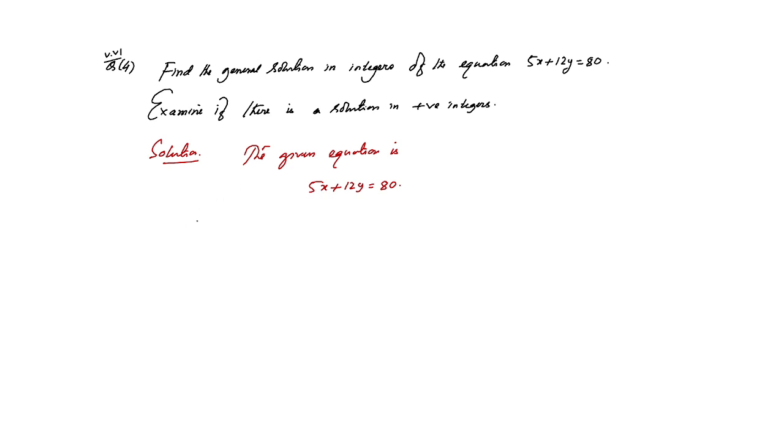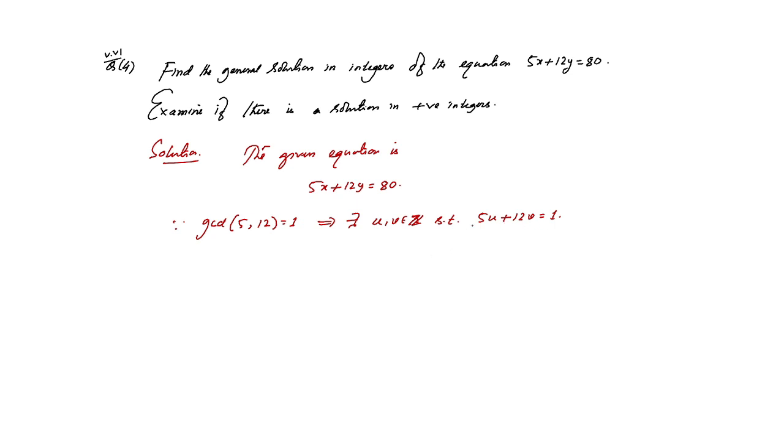Since the GCD of a and b, that means 5 and 12, is 1, there exist integers u, v belonging to Z such that 5u plus 12v equals 1. You can check by putting values of u and v, or you can apply the Euclid algorithm.